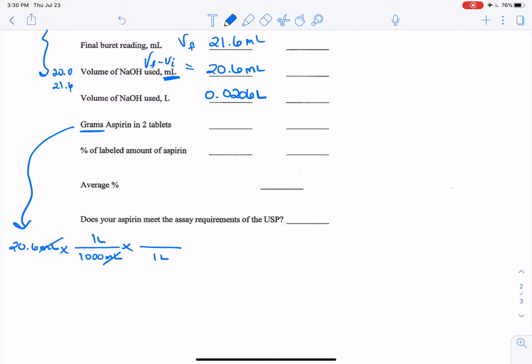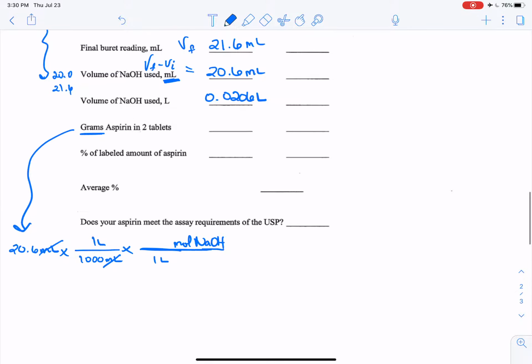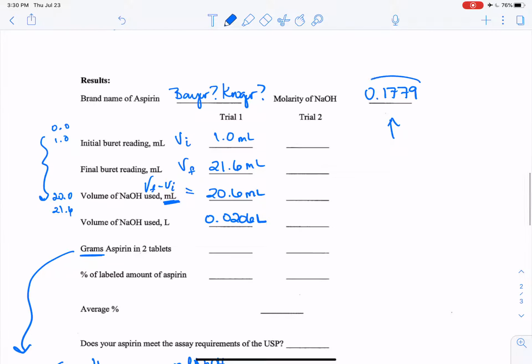So I'm probably going to use a molarity because that relates liters to moles. So I'm going to go moles of NaOH. And I don't have my molarity for my acid solution because that's what we're trying to figure out. But you do have the molarity of your NaOH. It's right here.